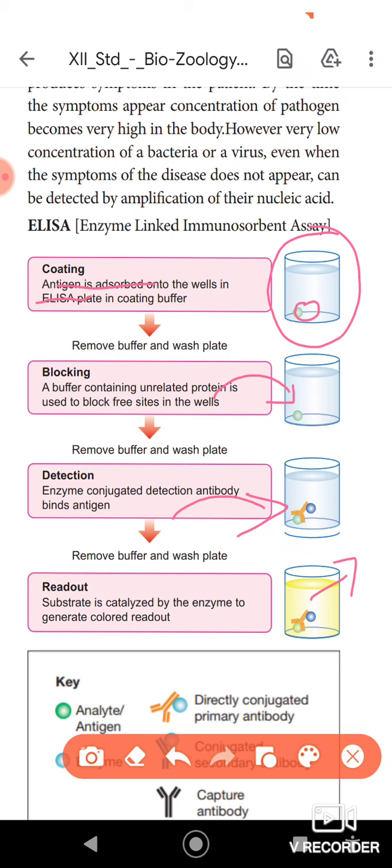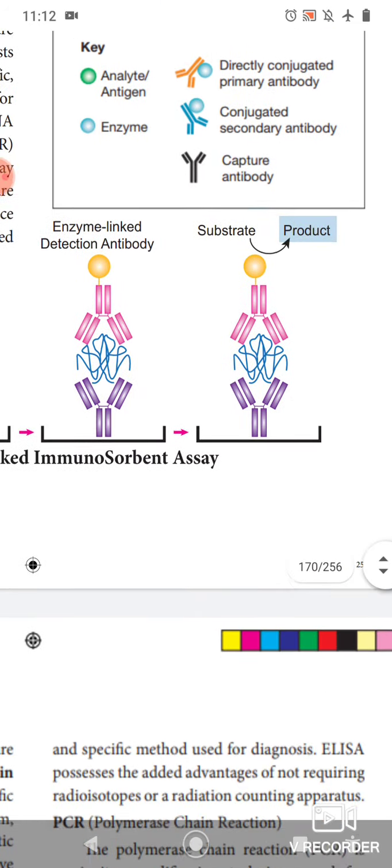You can see a yellow color appearance starting, right? So by looking at the intensity of the color, we can understand how much antigen is present in the sample. So this is the way the ELISA test is done to detect the presence of the particular antigen in the blood sample or serum. So that's all about the ELISA test.